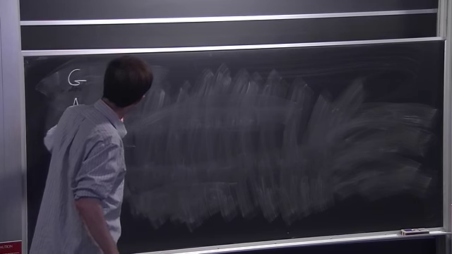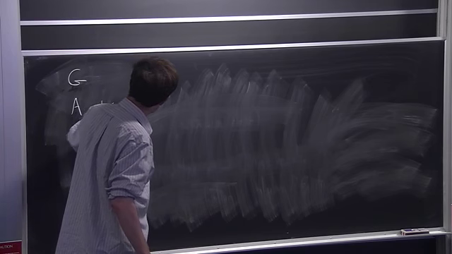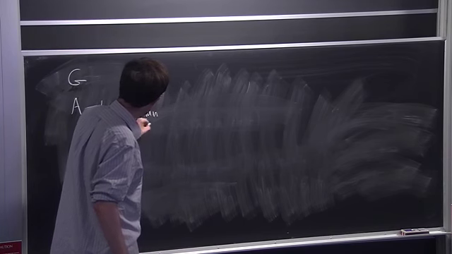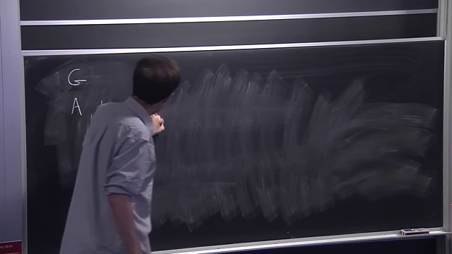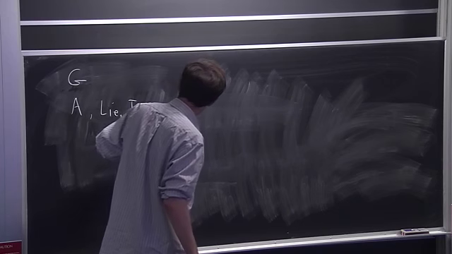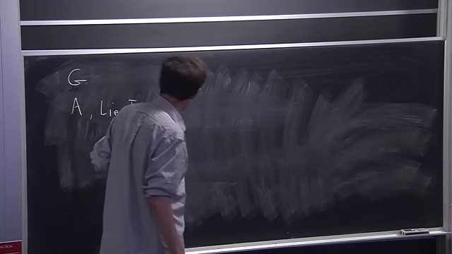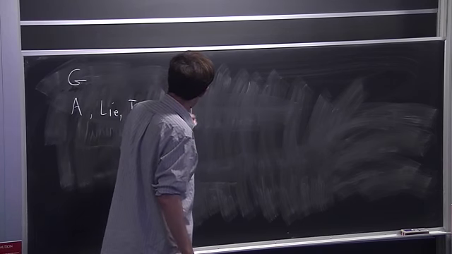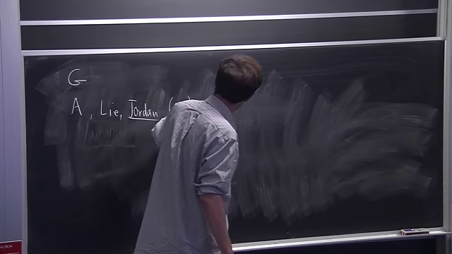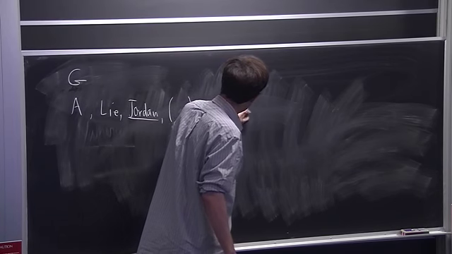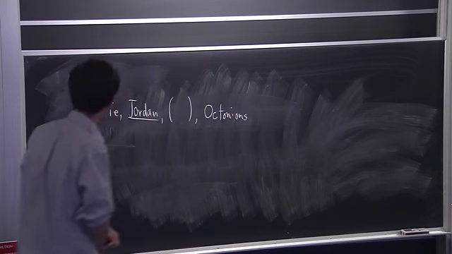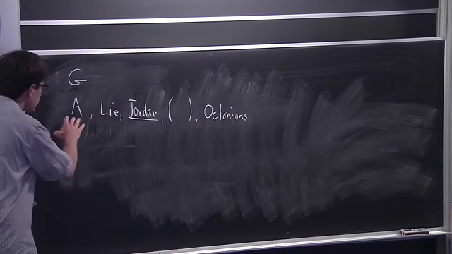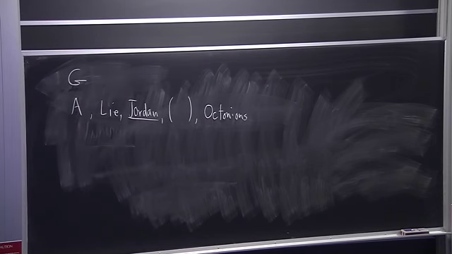Lie algebras, Jordan algebras. In particular, there's this jewel, this amazing algebra called the exceptional Jordan algebra. And there are the octonions. It's very analogous. Algebras should not be constrained to be associative.